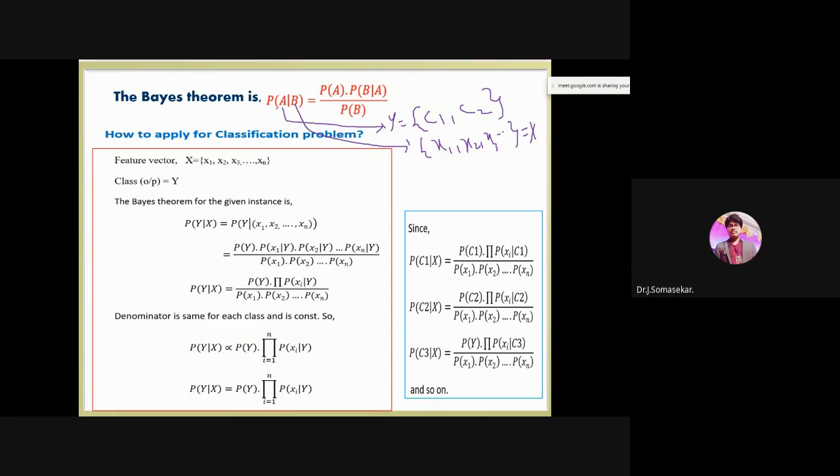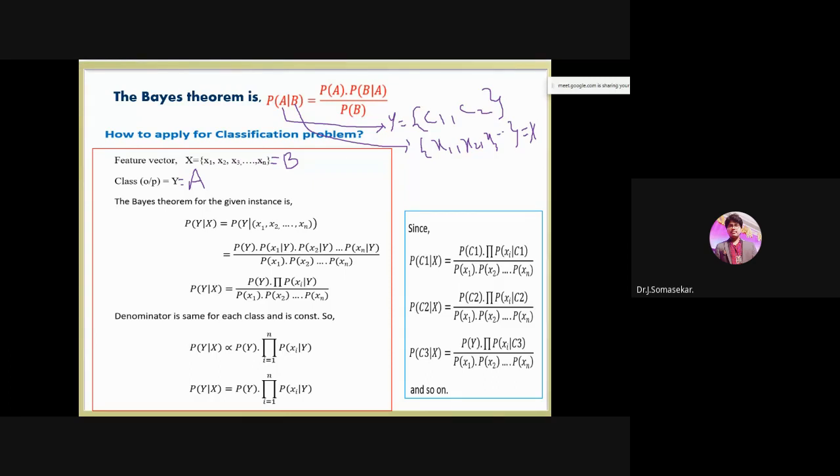In place of B, we are assuming features or symptoms or attributes, that is called capital X. So now we are going to replace. This X is nothing but capital B, that is the condition, that is called evidence. And Y is nothing but capital A. So it can be either binary values or categorical values like C1, C2, and so on, Cn, depending on the application.